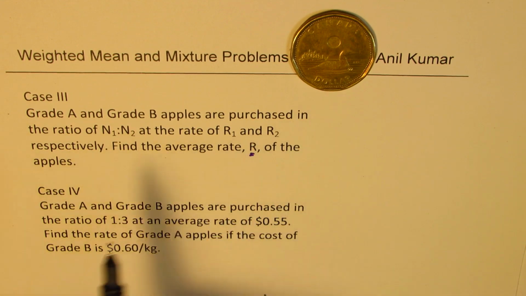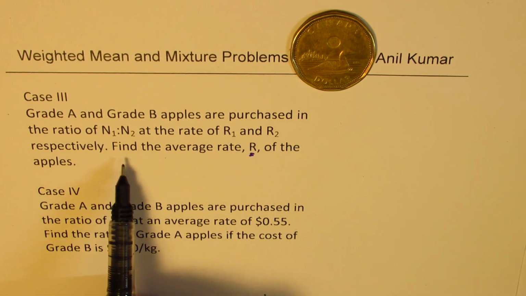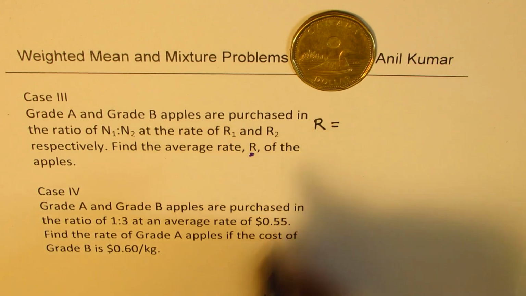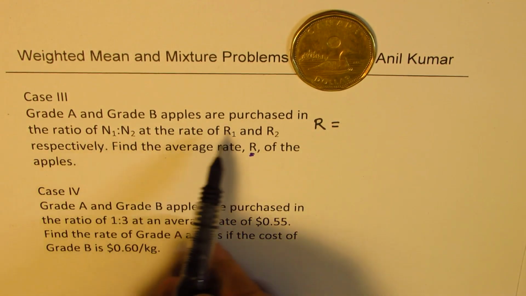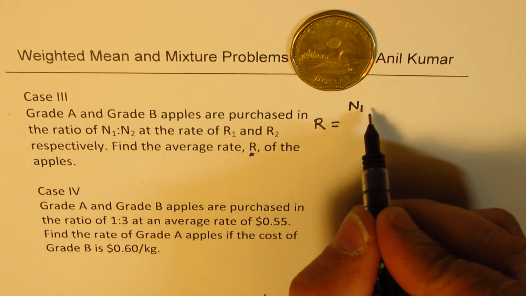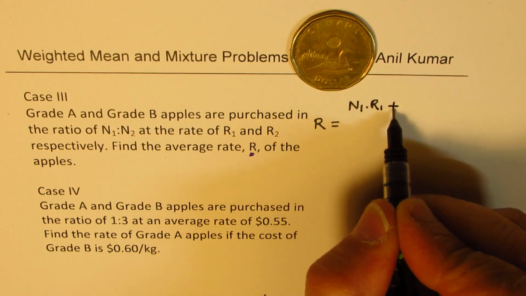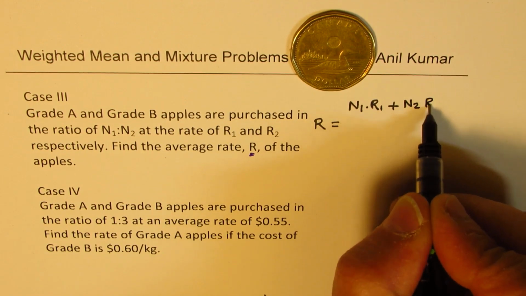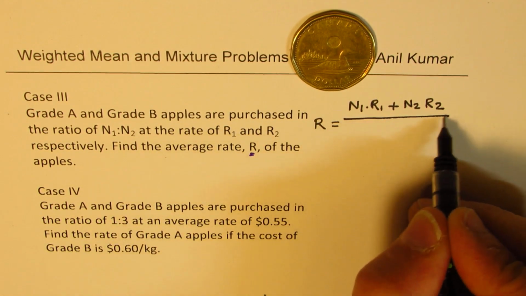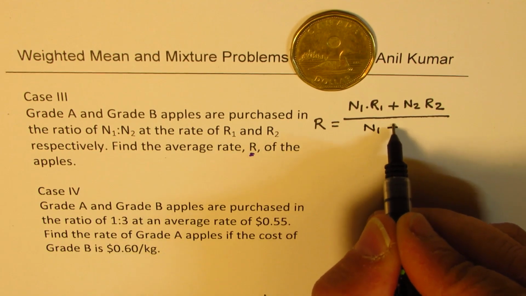Nothing new. Okay, so we say find the average rate. So average rate R, now I could write as product of this N1, right? So the number of apples of A type times R1 plus N2 times R2, right? The apples of the other type and their rate. Total quantity being N1 plus N2.